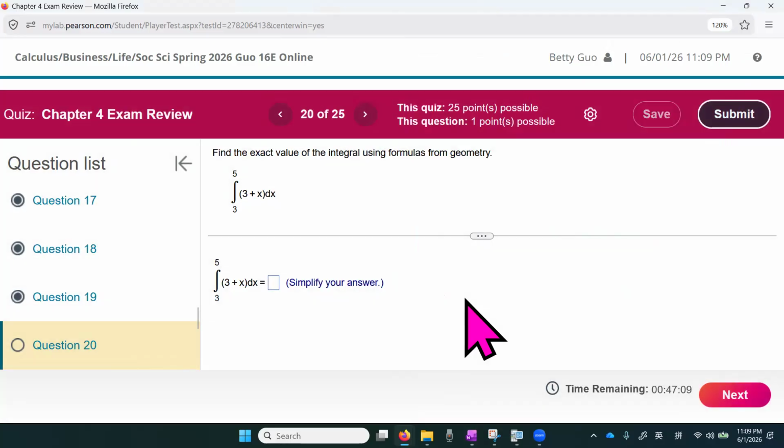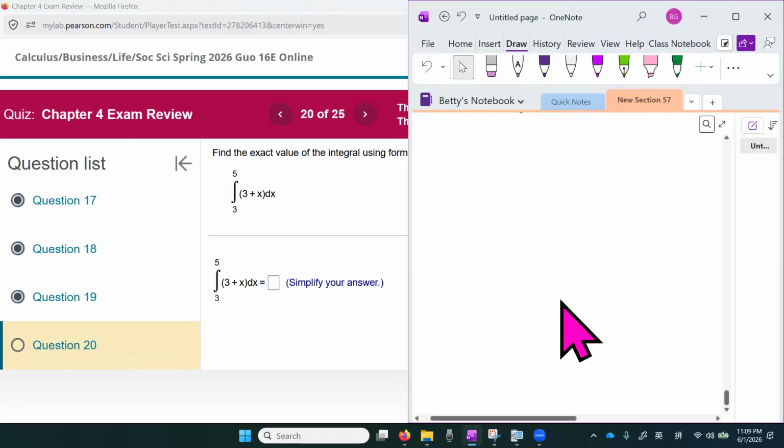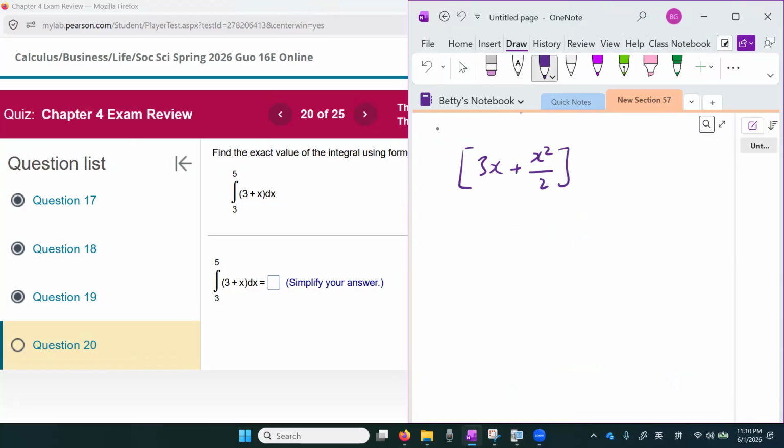Question number 20. The antiderivative is 3x plus x squared over 2. This is 5, this is 3. This minus this. Plug in 5, 3 times 5 is 15. Plug in 5, 5 squared is 25, 25 over 2.